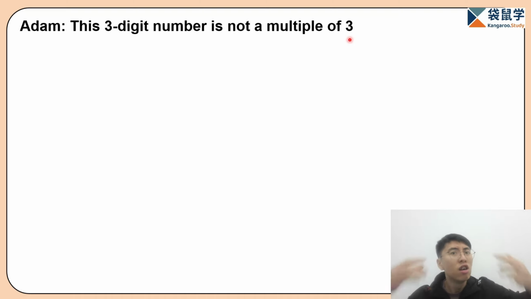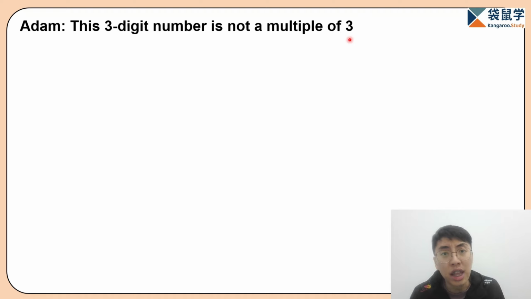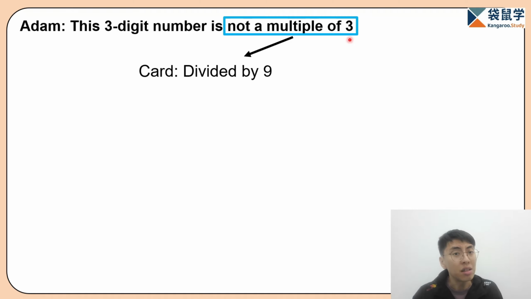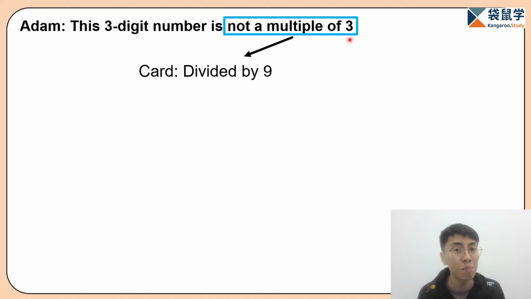And hence, we are able to see that if Adam is able to say this sentence, he must have gotten a number that is divided by 9. So how does he confirm that he got the card that is divided by 9?